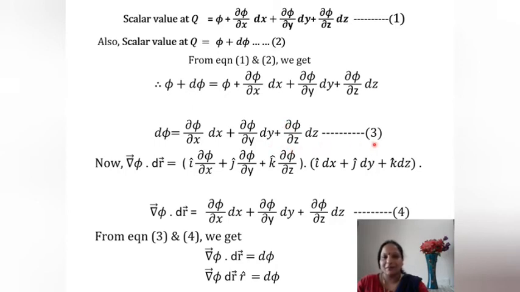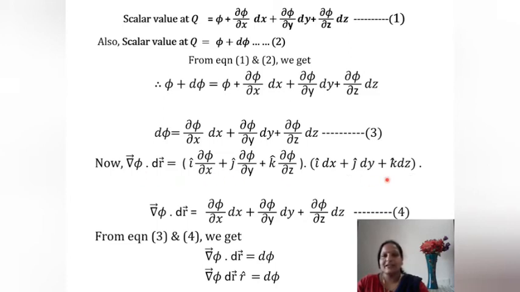Equation 3. Now, del φ dot dr, where del φ is i ∂φ/∂x plus j ∂φ/∂y plus k ∂φ/∂z, dot dr, which is i dx plus j dy plus k dz.